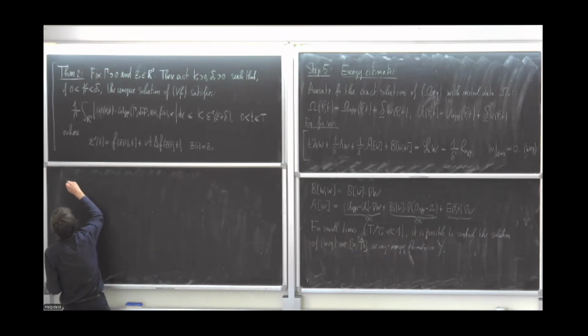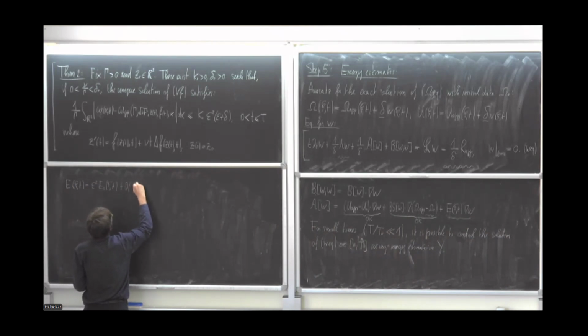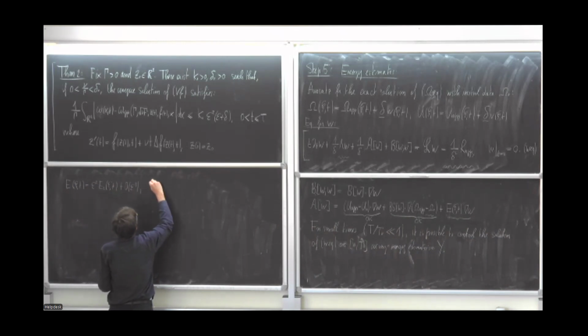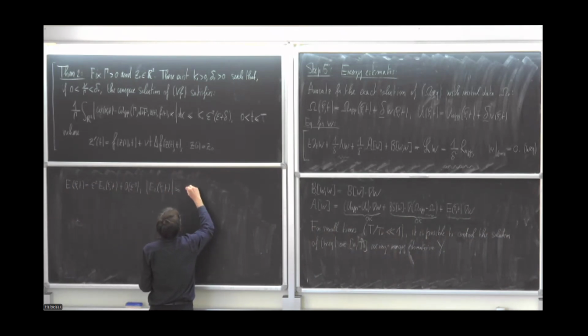So recall that E of psi t is epsilon squared E2 of psi t plus order of epsilon cubed. Everything epsilon cubed is even better, so this will be okay. But E2 of psi t is bounded by a constant times 1 plus psi or something like that. You do the estimate. Okay.